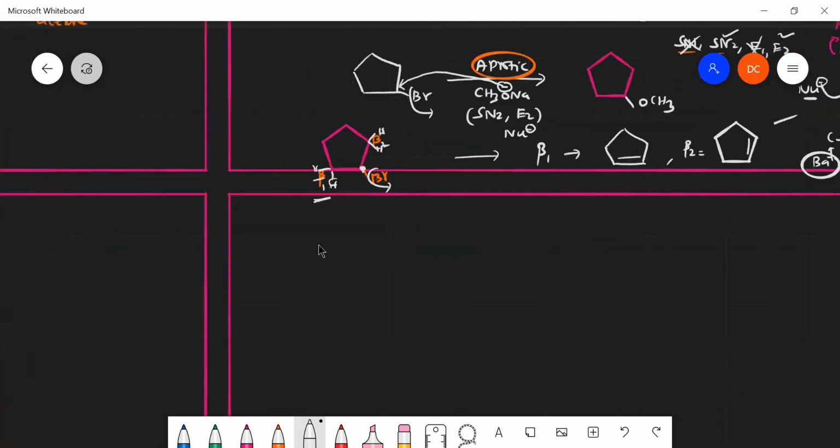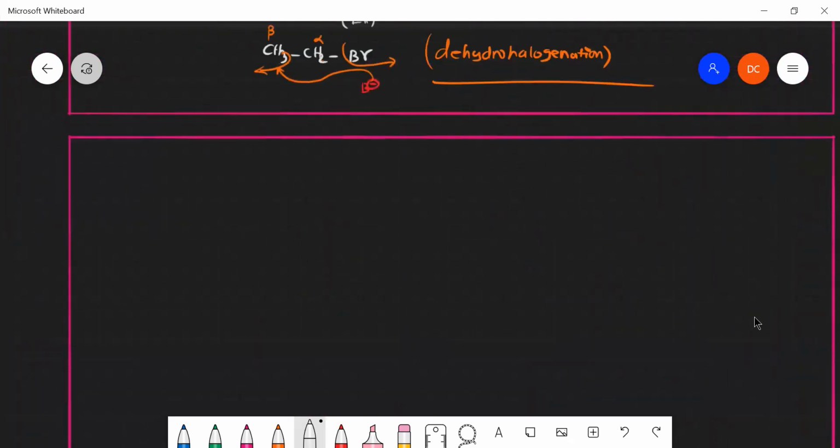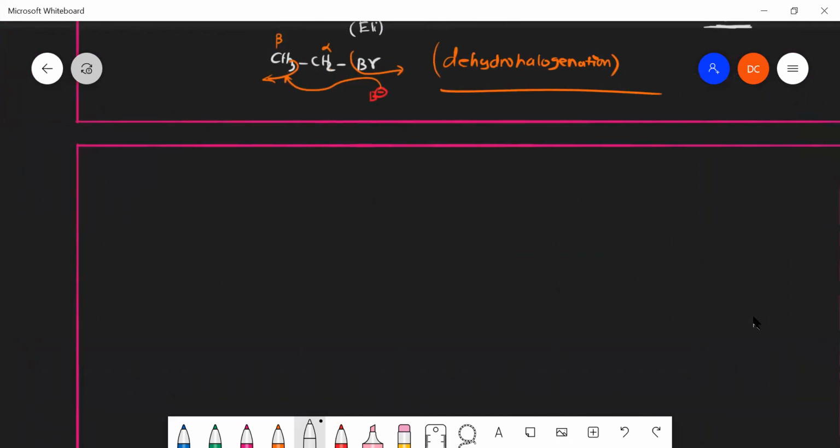And here is one important exceptional case. What kind of exceptional case? Say, for example, suppose I take this kind of molecule like OH, and it involves a reaction with H2SO4. In the presence of H2SO4 the reaction will be taken, heat will be applied, and a protic solvent is used. These kind of clues are given, whether it involves SN1, E1, SN2 or E2.